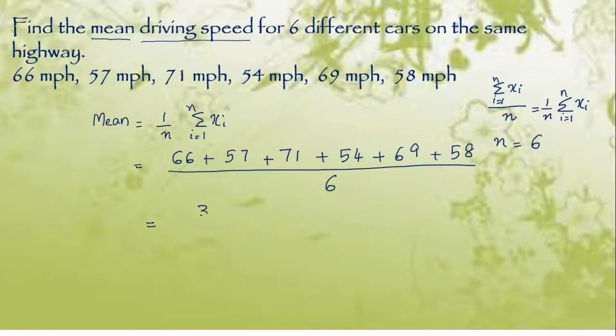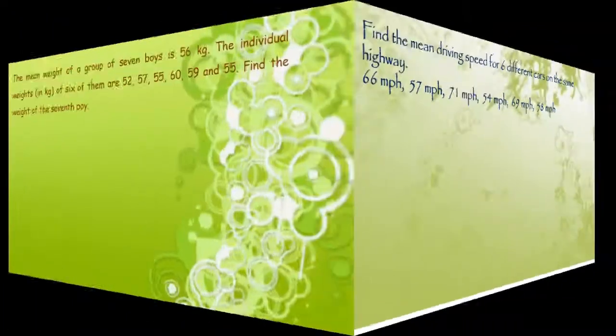The sum is 375, so 375 by 6 is equal to 62.5 meter per hour. So the mean driving speed for 6 different cars is obtained as 62.5 meter per hour. Let's move to another question.